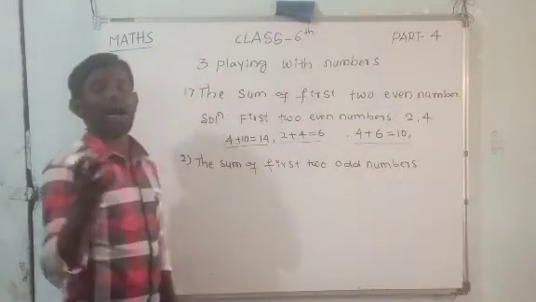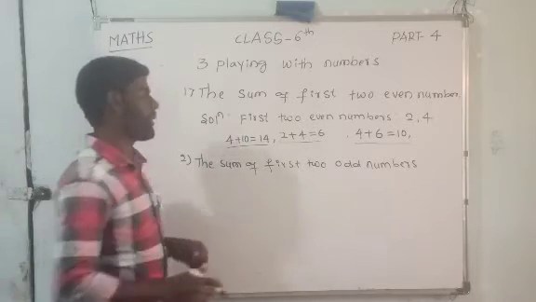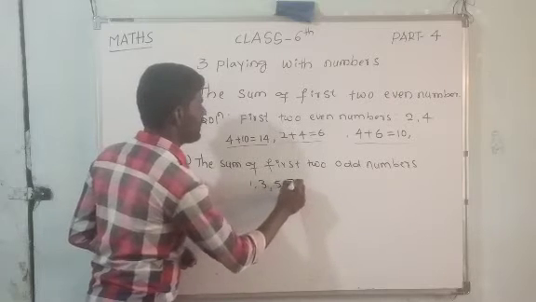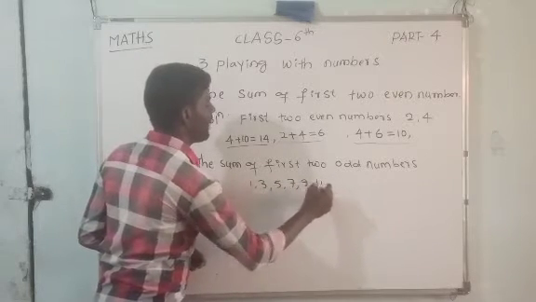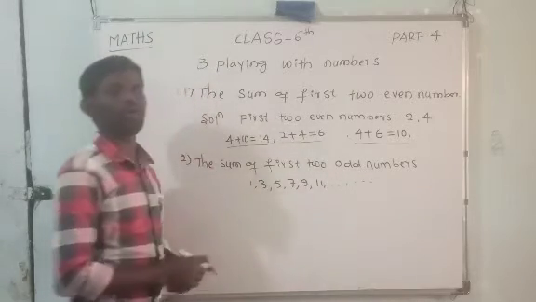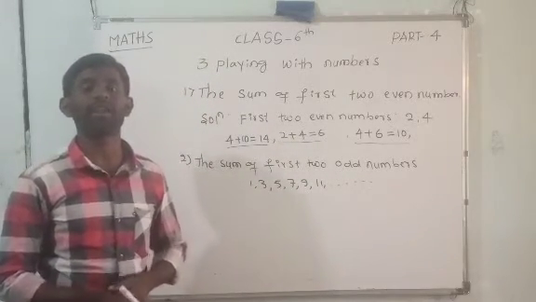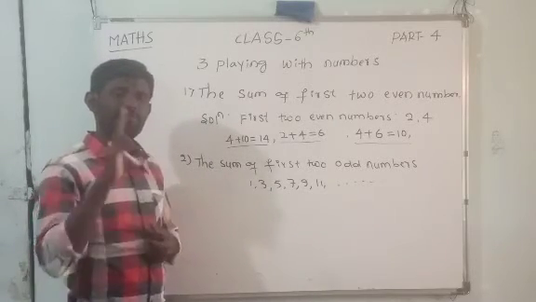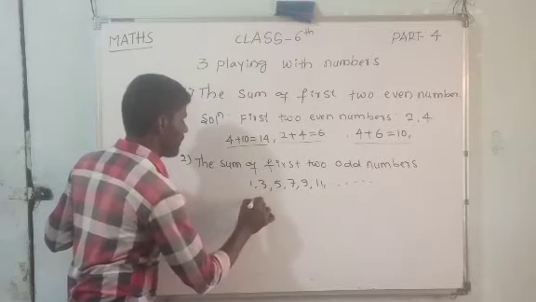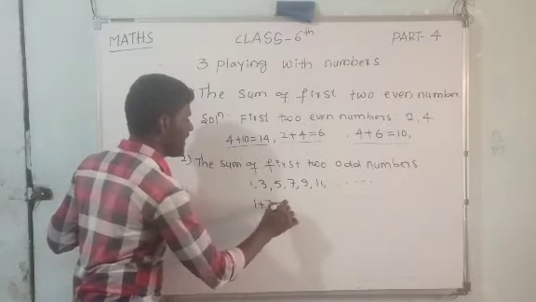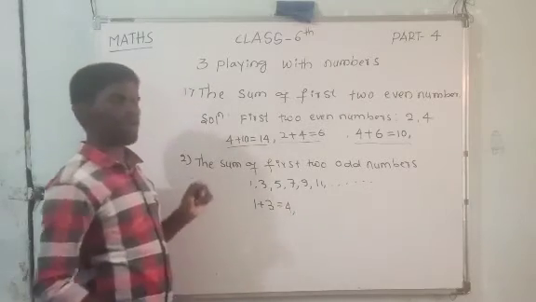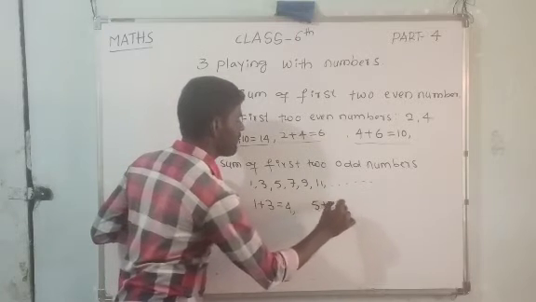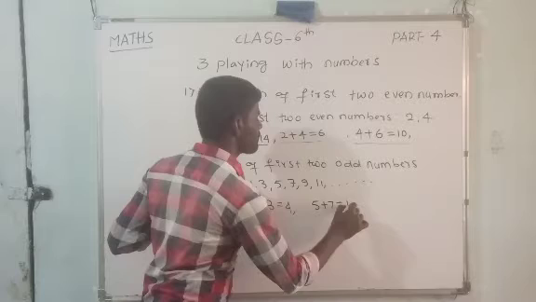Odd number set begins with 1, and 3, 5, 7, 9, 11, continuously it will go on until infinity. First two odd numbers means 1 and 3. Yes, 1 plus 3 equals 4. Then take the next two numbers, 5 and 7. 5 plus 7 equals 12.